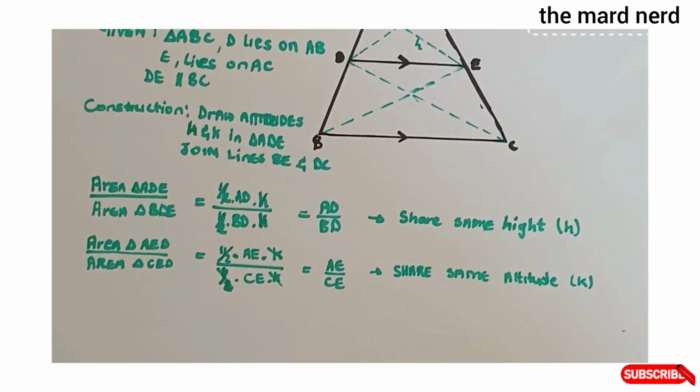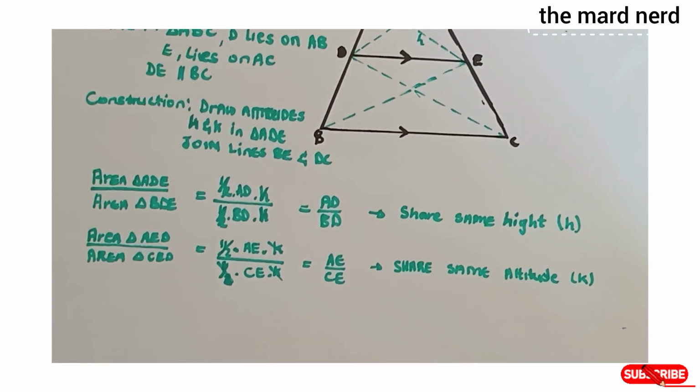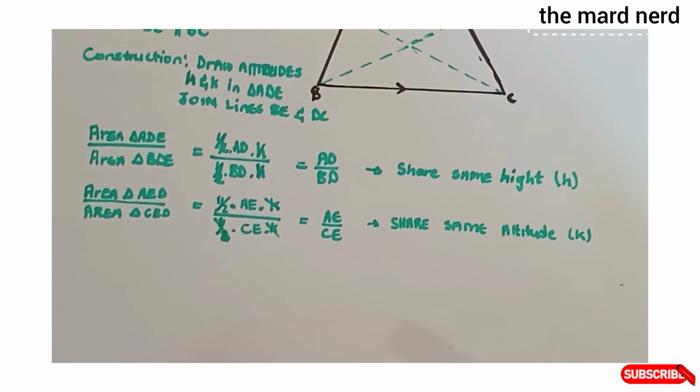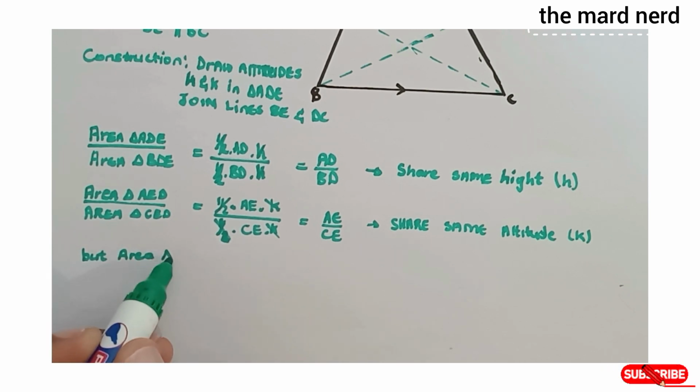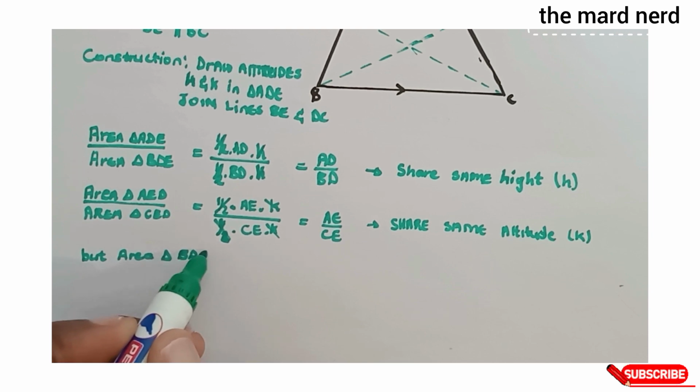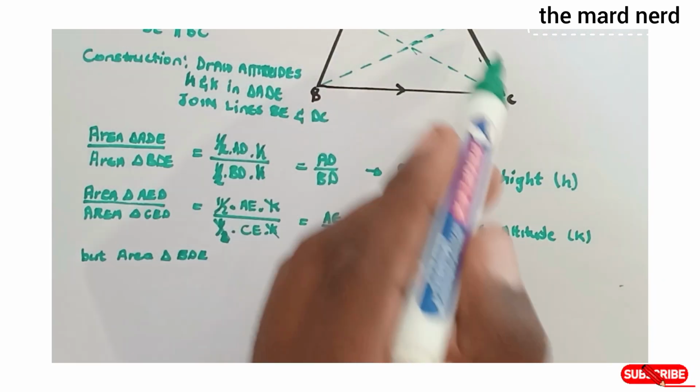So now we find the areas of triangles that are there in triangle ABC, and what we didn't mention is the area of triangle BDE, the one found between the parallel lines.